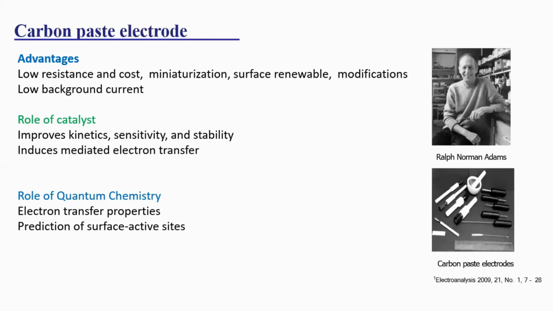One of the main roles of quantum chemistry here is that even with higher-end methods like HRTEM or scanning electron microscopy, we can know the surface at the atomic scale, but we cannot know where the electron transfer process is occurring. In particular, which sites of the electrode are prone to oxidation and which sites are prone to reduction. These things are very difficult to determine.